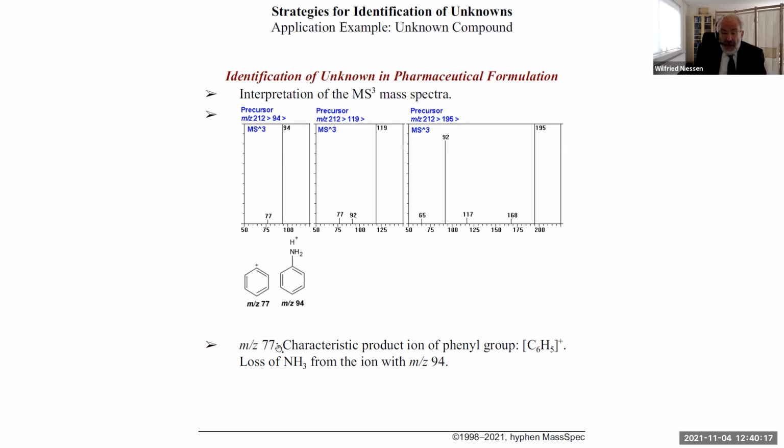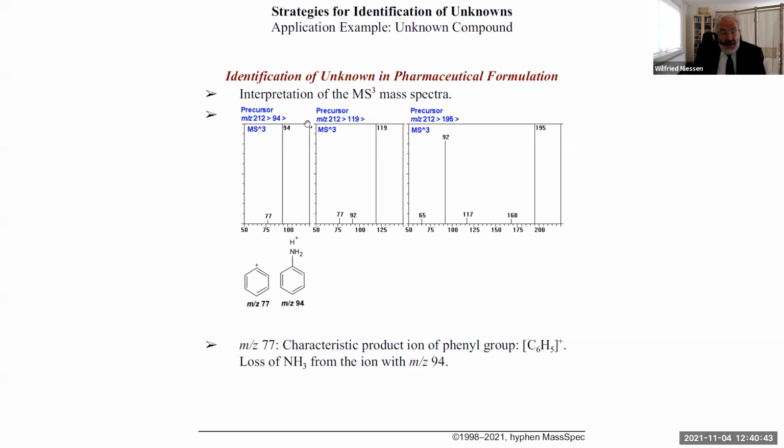And in the same way, I start looking at the spectrum here. And what I see from the 119 is the loss of 27 to the 92. And the loss of 27 is, according to the table, the loss of HCN.